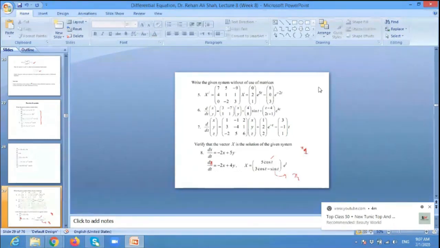The second equation will be x2 dash is equal to 4x1 plus x2 plus x3 plus 2 e power 5t minus 0 e power minus 2t. This is the second equation of the system. What will be the third equation? x3 dash will be equal to 0x1 minus 2x2 plus 3x3 plus e power 5t minus 3 e power minus 2t. Is it clear?